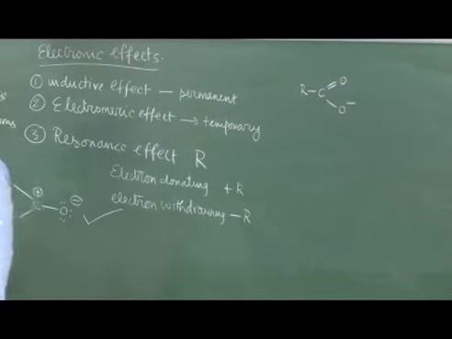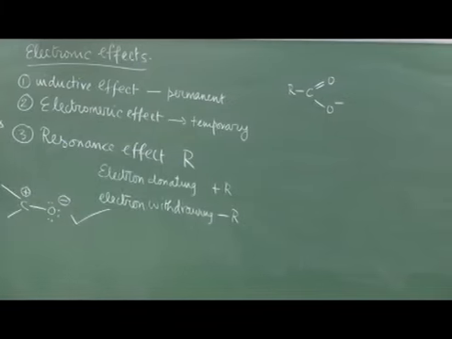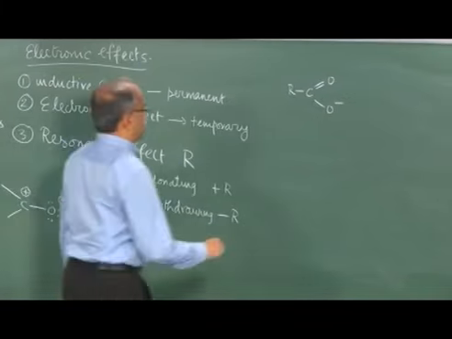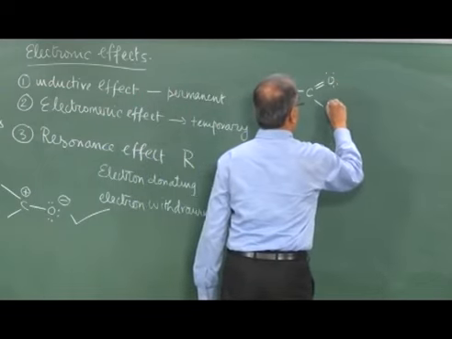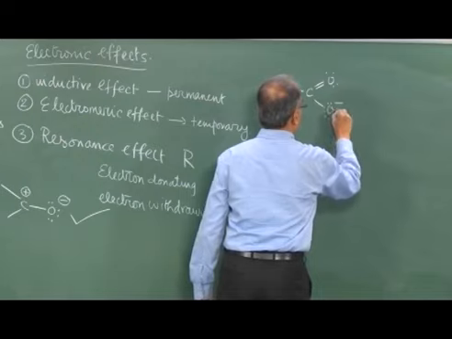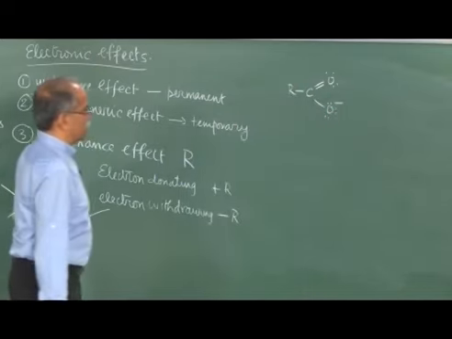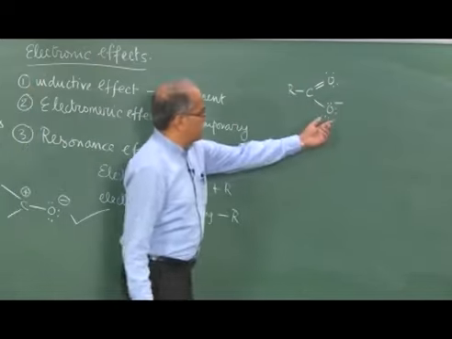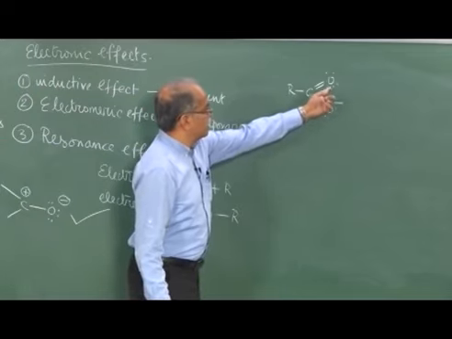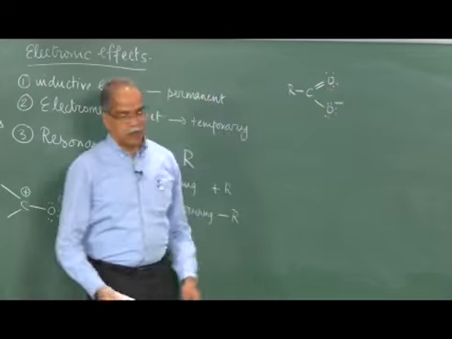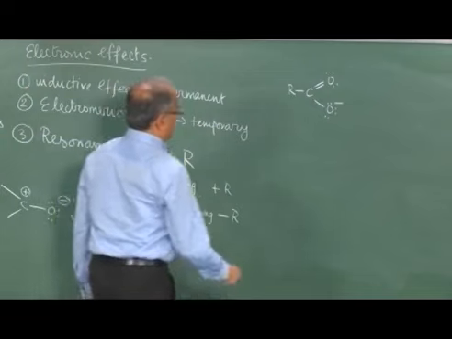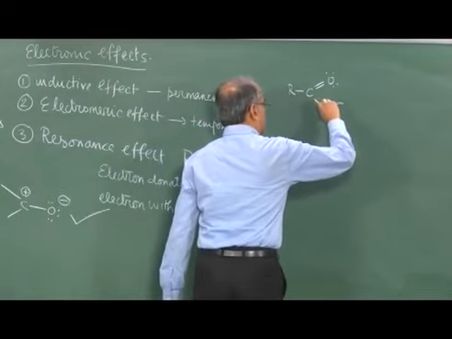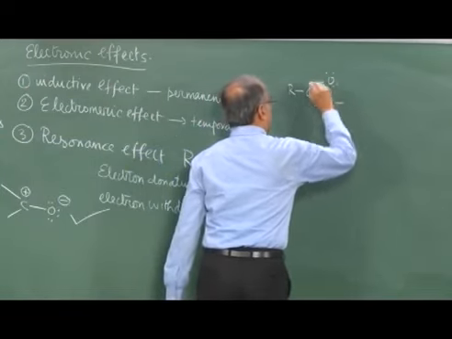When a carboxylic acid ionizes to give a carboxylate, the carboxylate ion is written like this. Normally this is how you write the carboxylate ion, and this would be the Lewis structure of the carboxylate ion. There are 3 lone pairs of electrons on the oxygen bearing the negative charge, and 2 lone pairs of electrons on the oxygen bearing no charge. Now, if you look at the carboxylate ion, this is a single bond and this is a double bond.